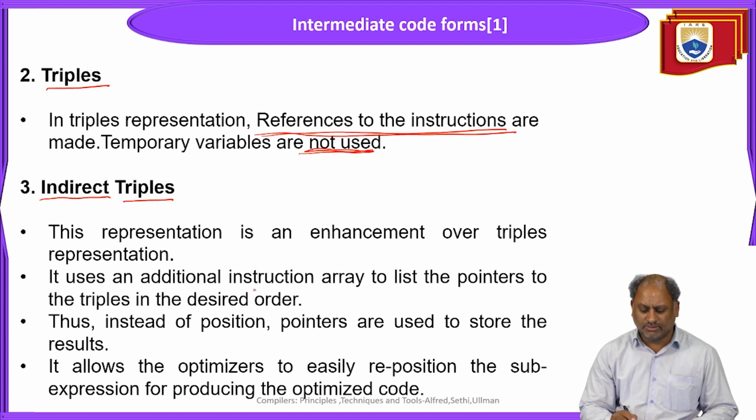The enhancement over triple representation is that it uses pointer notation, pointers to the triples in order. So we are going to give a link or pointing notation where the reference of the instruction takes place.